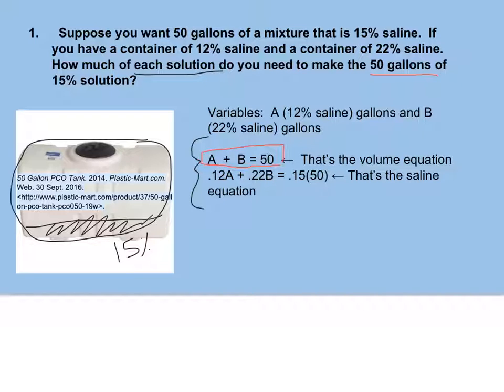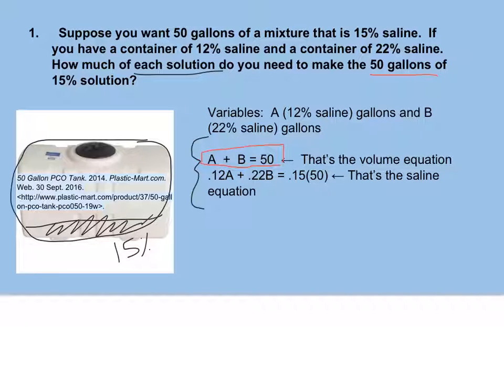The second equation is going to talk about our percentages, and we're referring to saline. So if this is my saline equation, the amount of saline is going to be 12% of how many gallons we have of the A solution, plus 22% of the amount of gallons that we have of the B solution, has to be our desired amount of saline, 15% of 50 gallons.